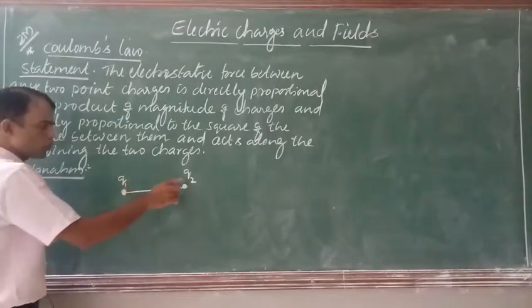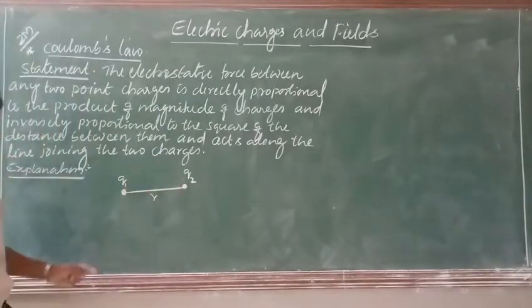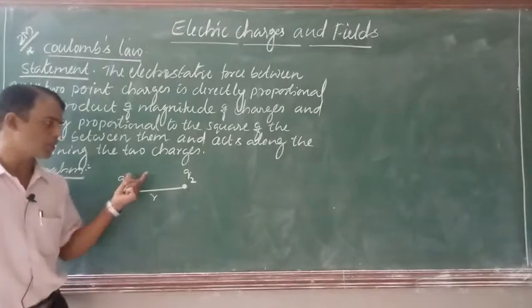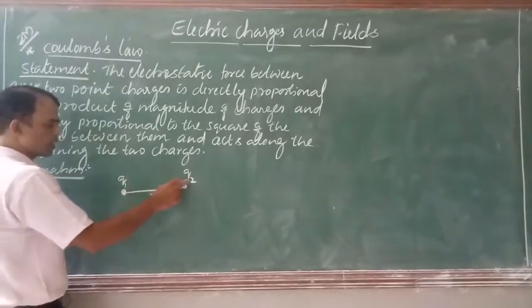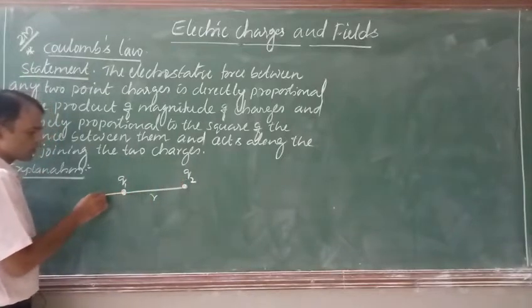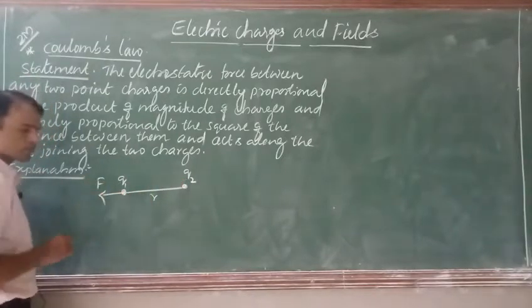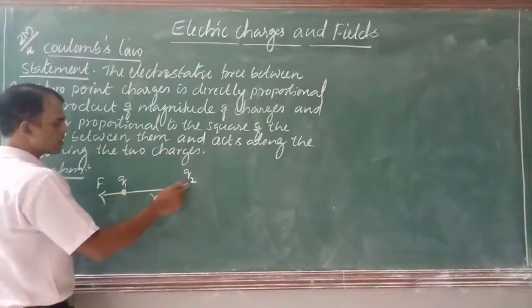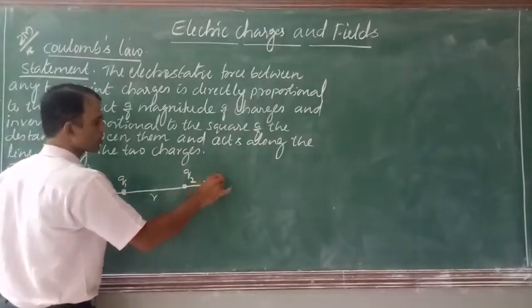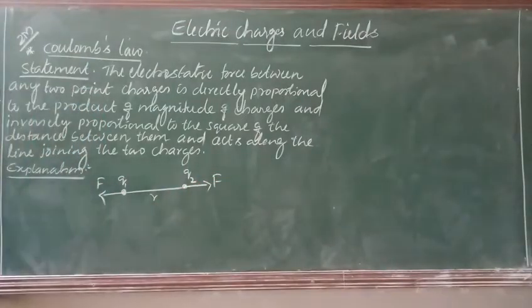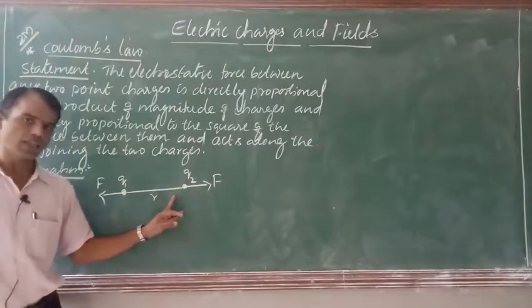As these two are like charges, both positive, this charge will repel that charge by a force F, and again that charge will repel this charge by a force F. They are separated by a distance r.